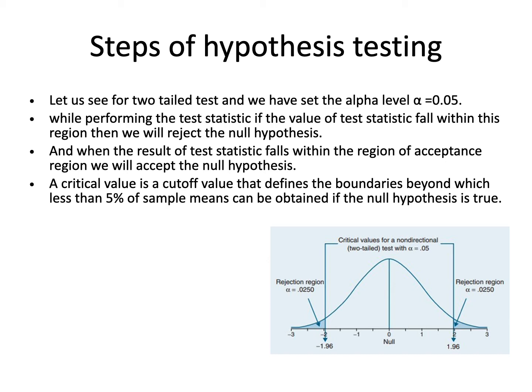Let us see the two-tailed test. Here we set the alpha level equal to 0.05, and this is our standard normal curve. We take the decision on the basis of this curve.